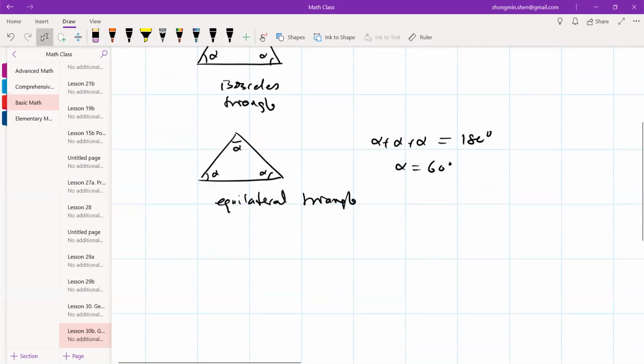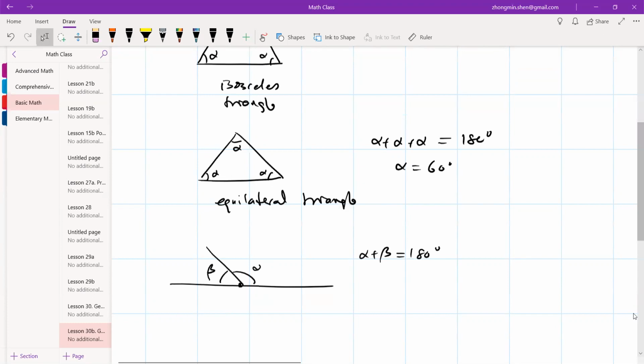And about angles, we know that this is a straight angle, right? If a straight line is here, then you have alpha and beta. This alpha plus beta is also going to be 180 degrees, the flat line from two angles.